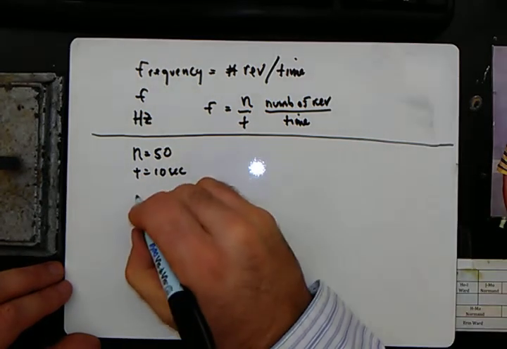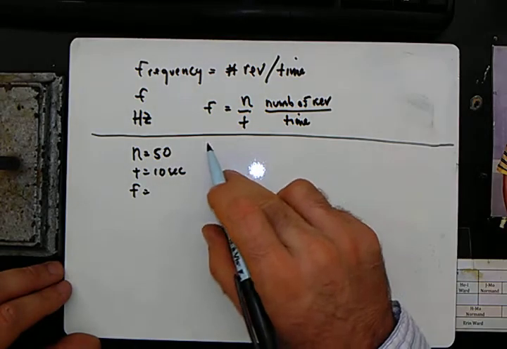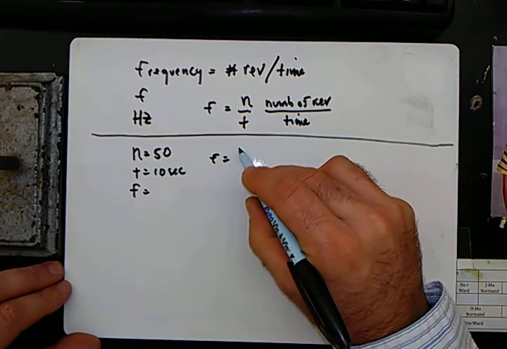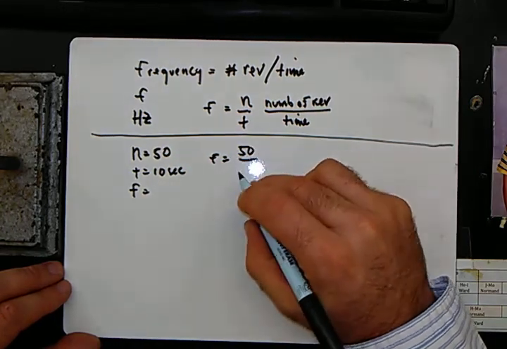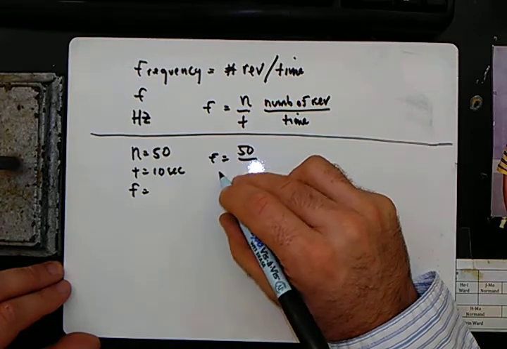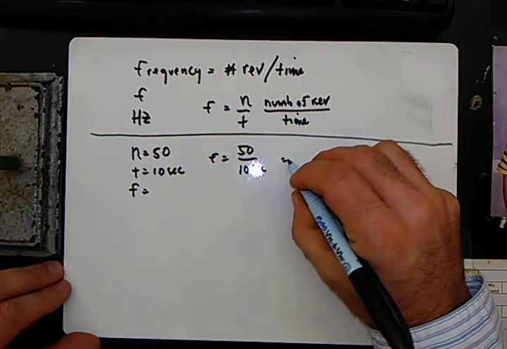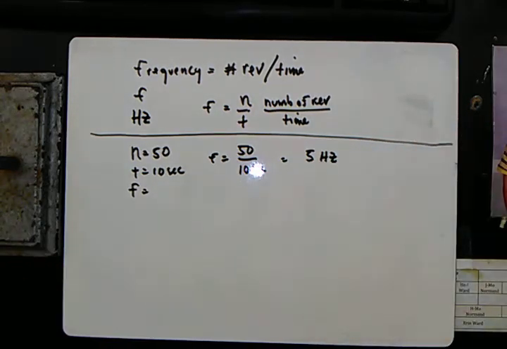Then what's the frequency of this object? We can just simply plug this in. Frequency is the number of revolutions, we said 50, and then the time is 10 seconds. So the frequency here is 5 hertz. Okay?